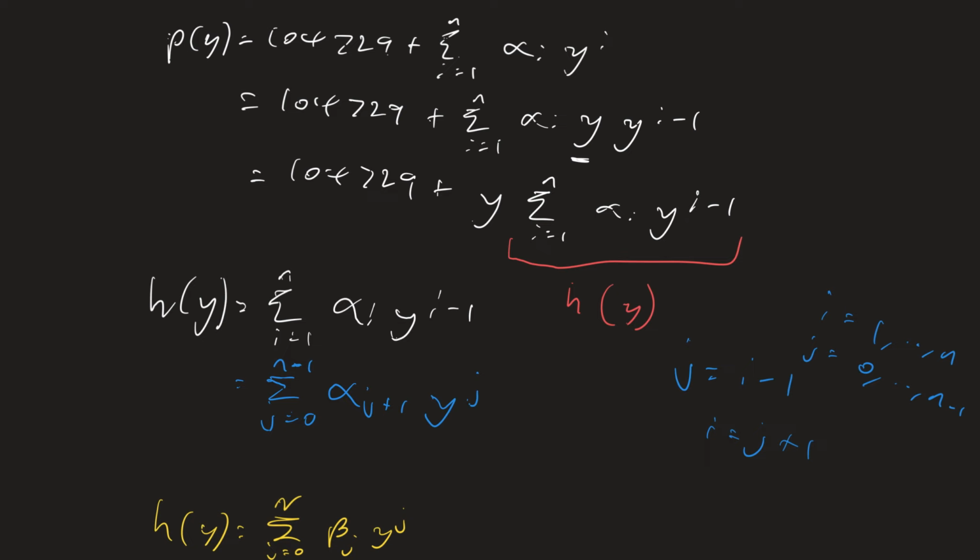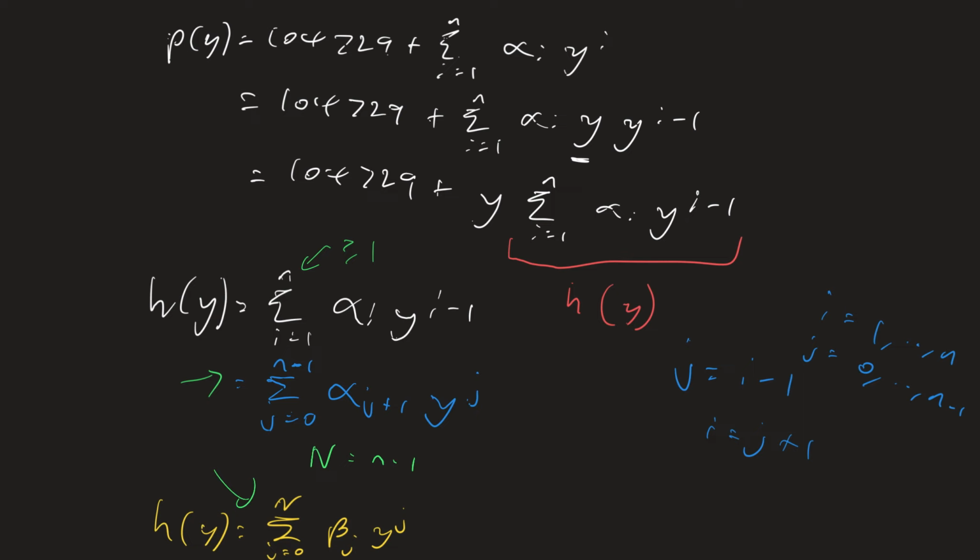Now at this point we're essentially done. When I compare this expression here to this expression here, I see that all I have to do is make big N equal to n minus 1. And because little n is a number that is greater than or equal to 1, unless we're dealing with a constant polynomial, and we can worry about that separately and show that all this is true by taking h of y equals 0.